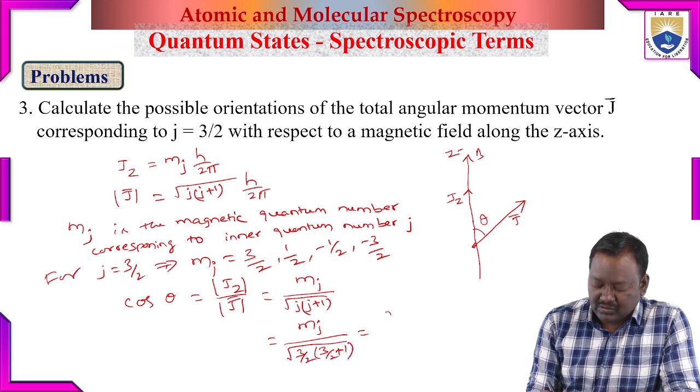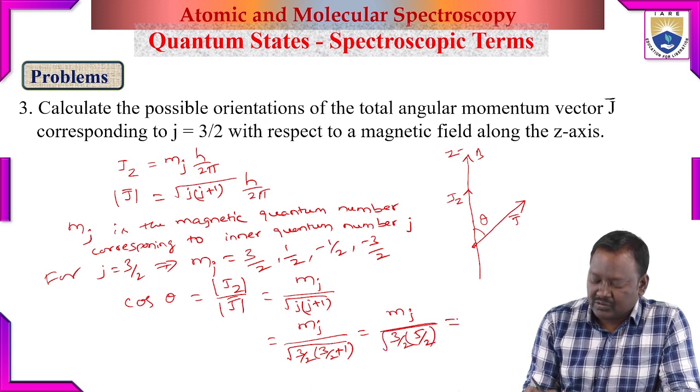It is also simplified as 3/2 into 5/2, that is under the square root. So we are going to get square root 15 by 2.